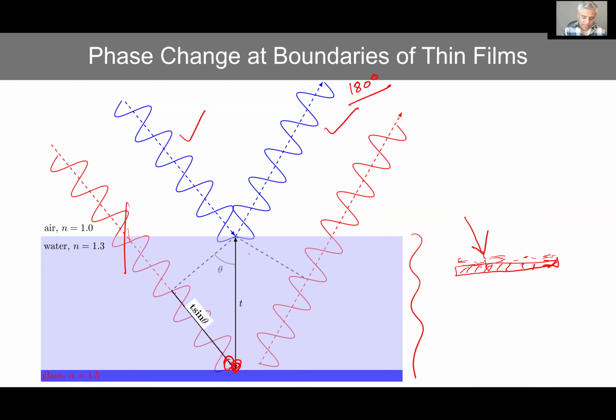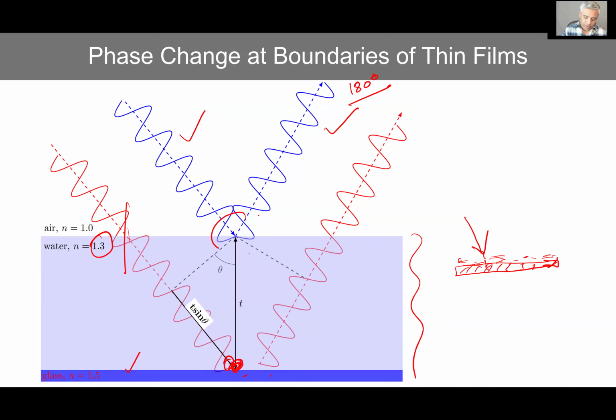So when the transmitted or refracted light arrives at this boundary, it again encounters a higher refractive index. The refractive index of water is 1.3, and the refractive index of glass is 1.5. So there is also a phase change. This one also gets a phase change in the reflection. Then when it refracts into the air, it does not change phase.